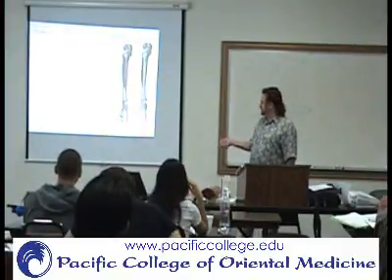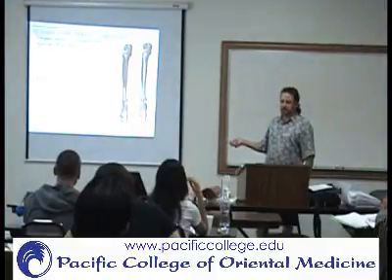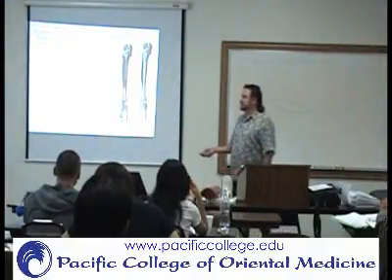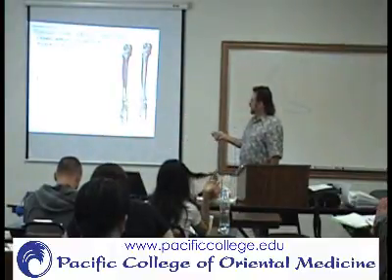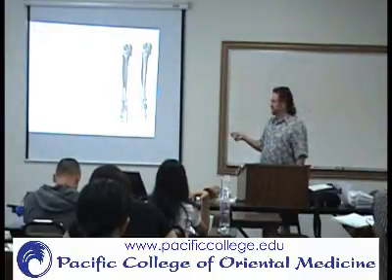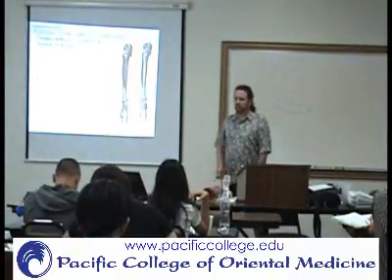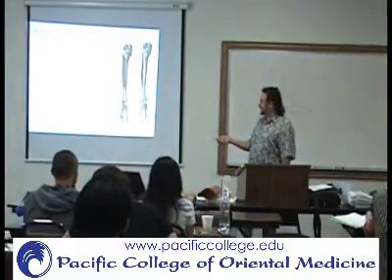But that's what this is. It's just the last tendon of extensor digitorum longus that goes to the little toe. So that's why we have it on there, is because some of the point location books are going to mention that specifically. Because when I was looking it up, I'm like, well, I never heard of that. What's that? So then finally I found out, yeah, it's just the last tendon there.